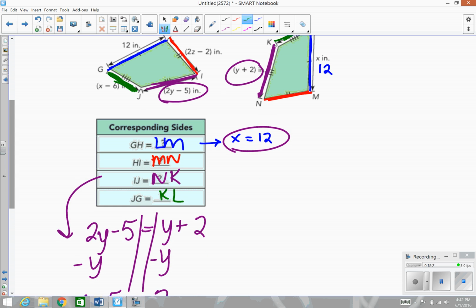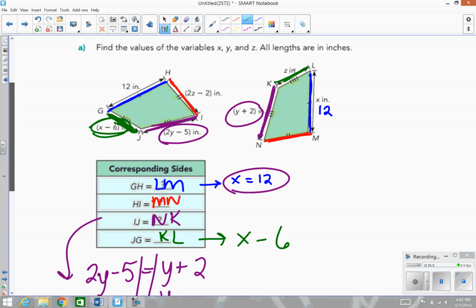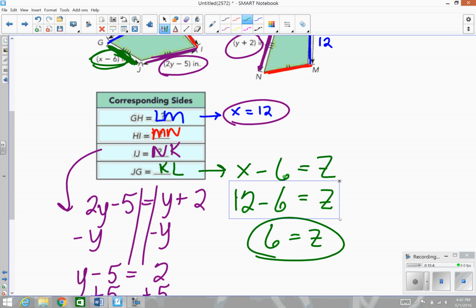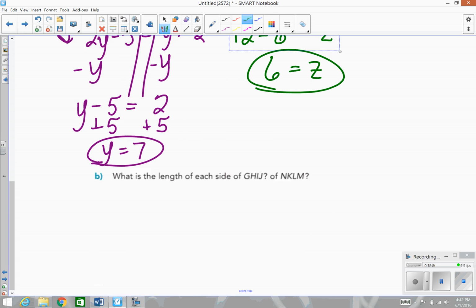For this one, we now know that x minus 6 is equal to z. And because we know x is 12, we can plug that in. 12 minus 6 is 6, so z must equal 6. And if you wanted to know the length of each side, we can just plug the values in.